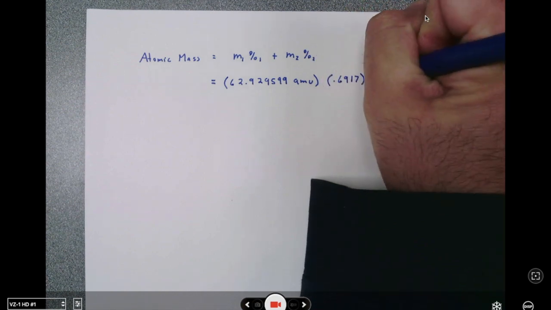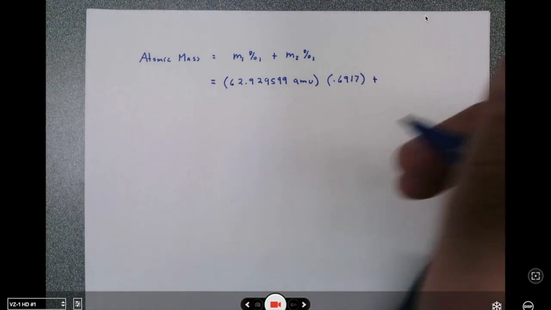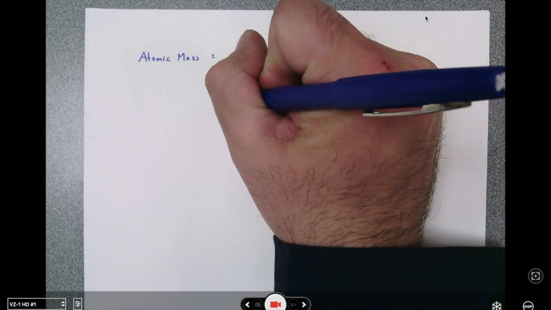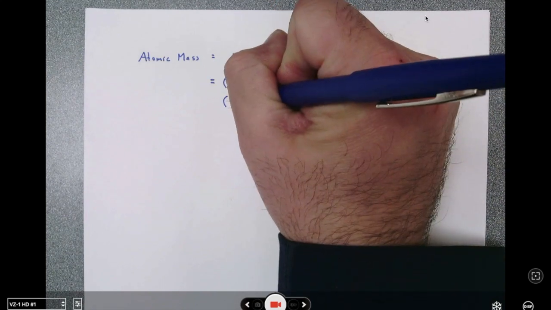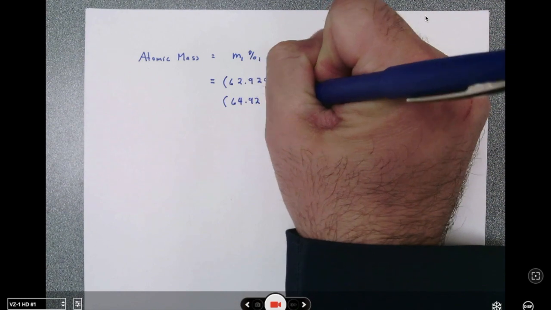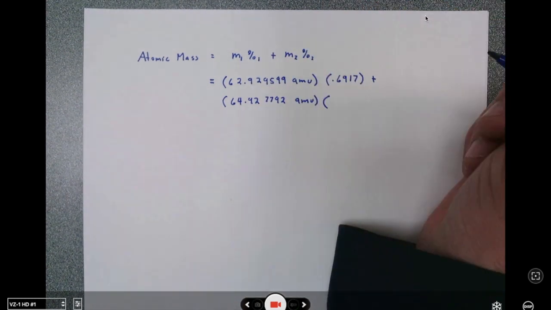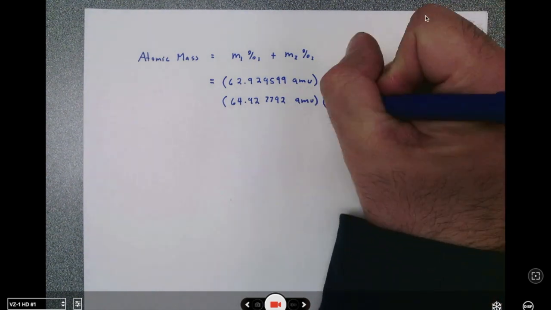For the second isotope of copper, copper-65, the atomic mass is 64.927792 AMU, and the percent abundance is 30.83%. Written as a decimal, that's 0.3083.